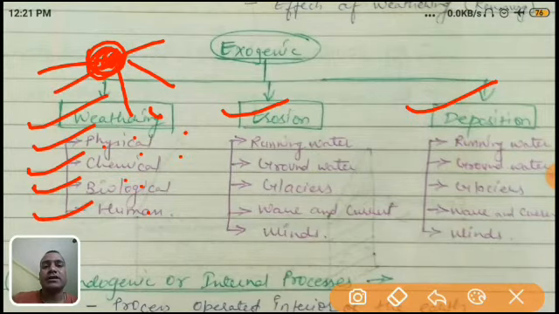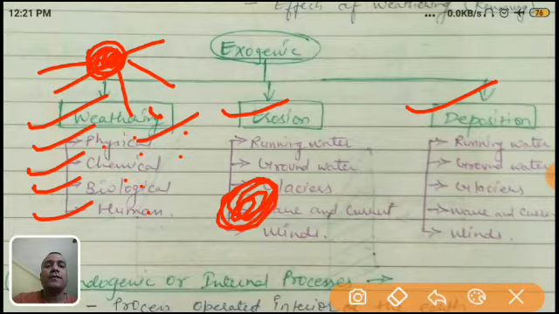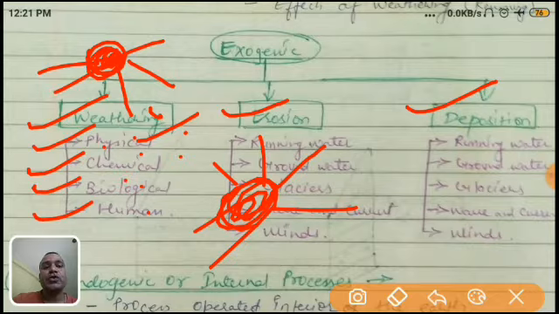First, physical, as I already told you. There is a piece of stone, and intense heat from the sun is applied on it. Due to this intense heat, the rock expands, and at night it cools and contracts.